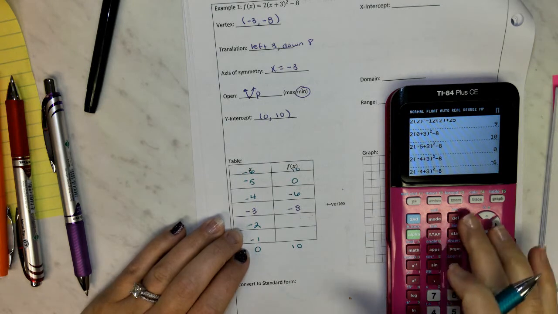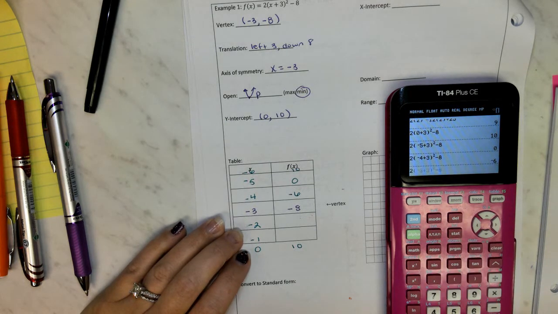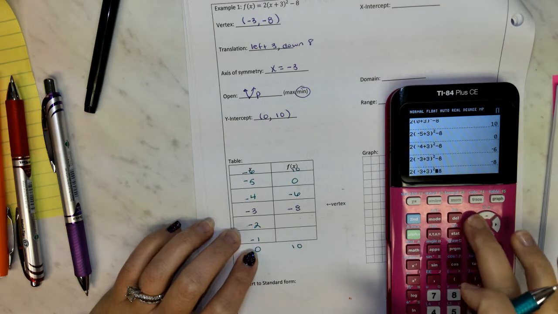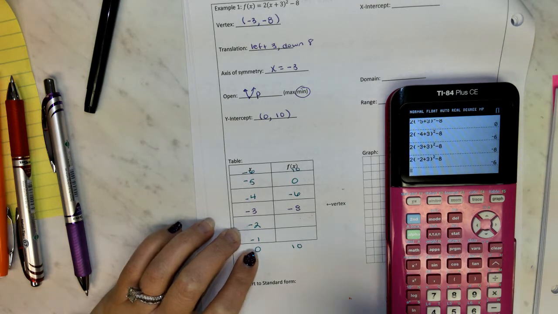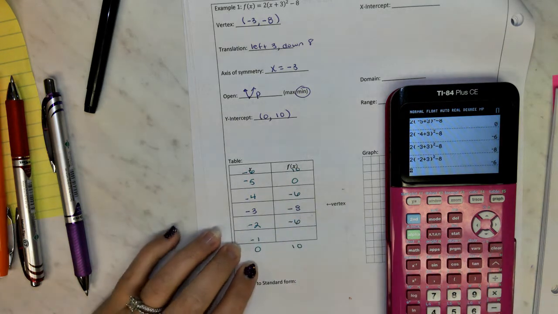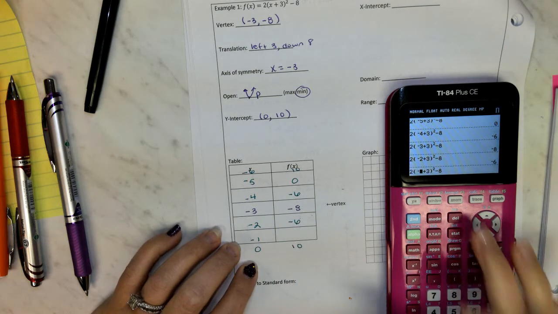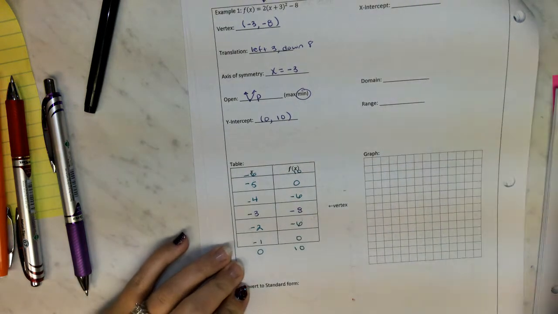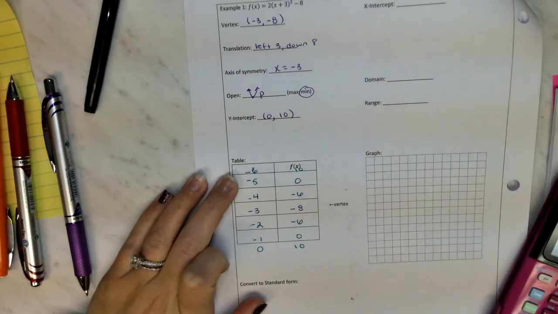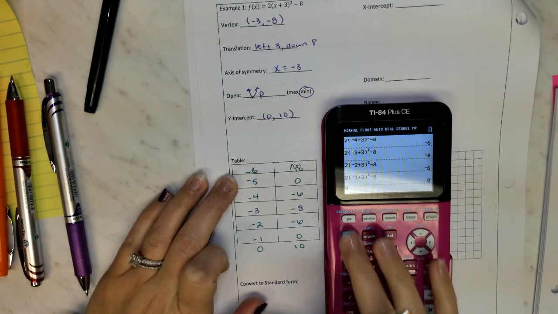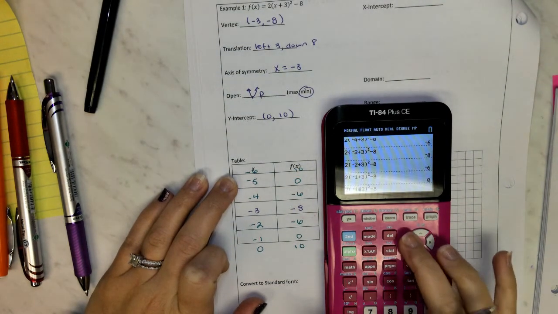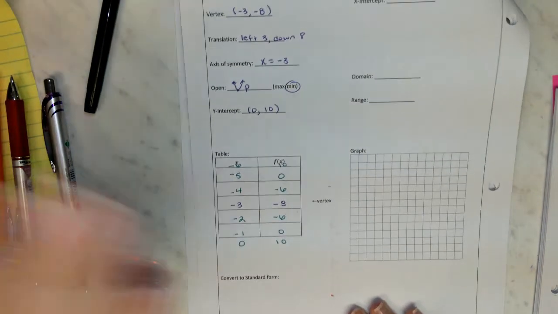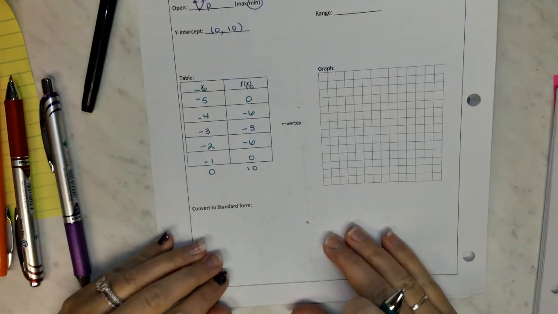Change it to -3 just to check. We're at -8. Change it to -2. We get -6. And when we plug in -1, we get 0. And I already plugged in 0 and got 10. We can double check and make sure -6 though. Oops. -6 is also at 10. And it is. So we're good. So those couple extra points we added are accurate points.